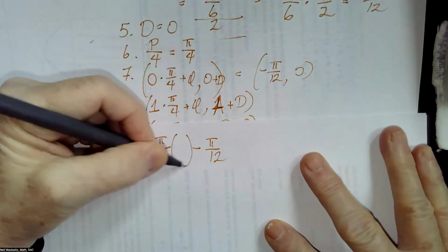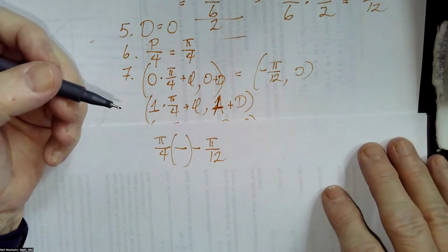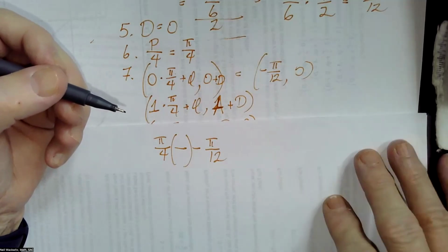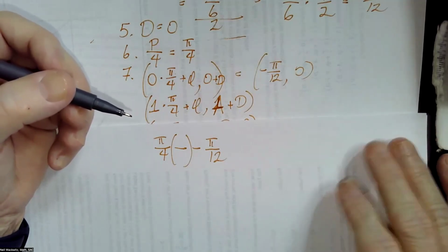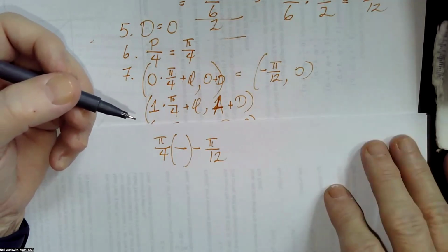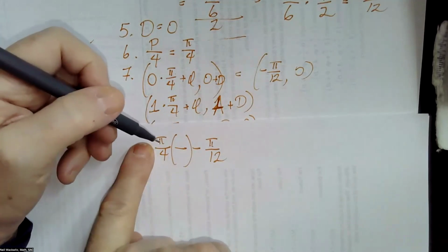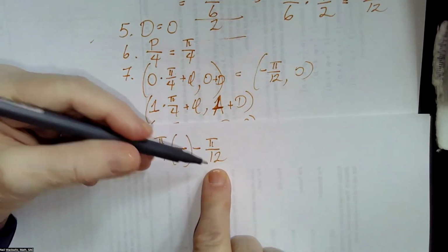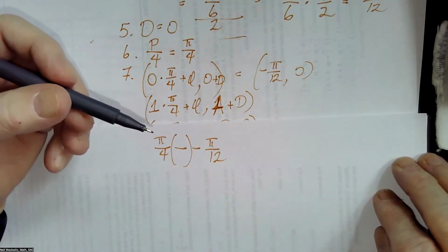And what do we need to multiply pi over 4 by to combine it with pi over 12? What was the question? What can we multiply pi over 4 by so that we can combine it with pi over 12? 3.